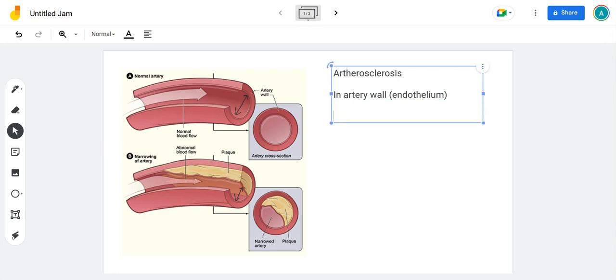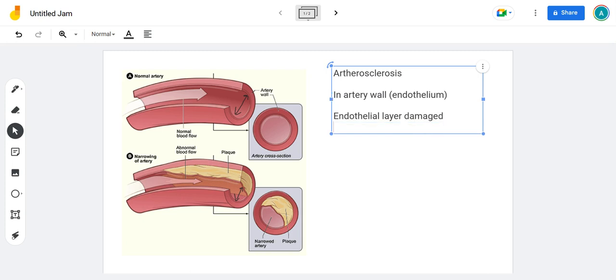So what happens when you get atherosclerosis is, first of all, the endothelial layer gets damaged.